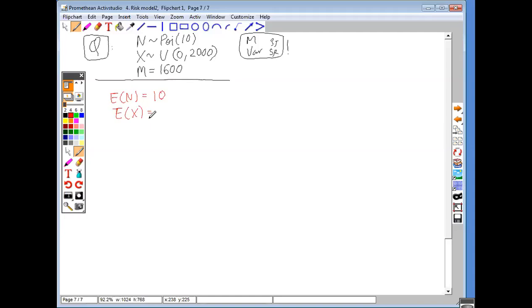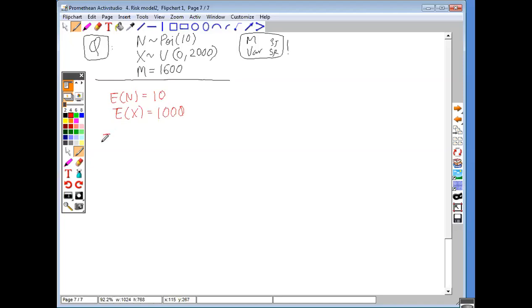And what is my expectation of X here? What is the formula for the mean of a uniform? Did someone say 1000? Yes, ma'am. Yeah, so it will be 1000, right?